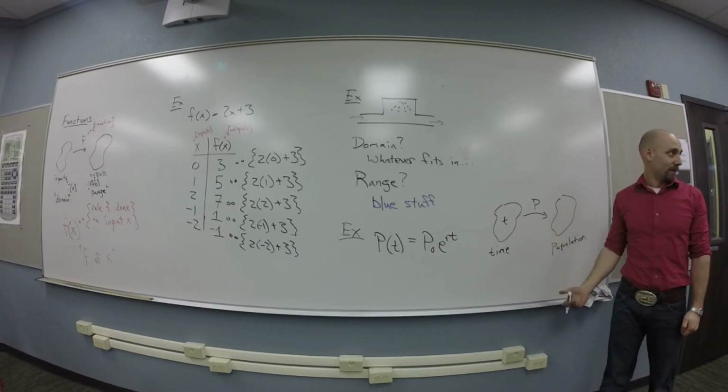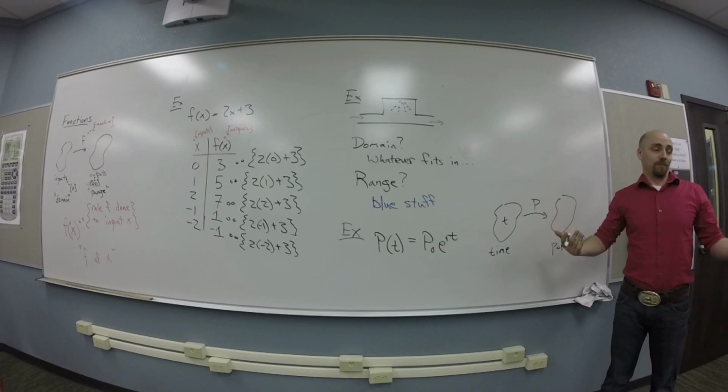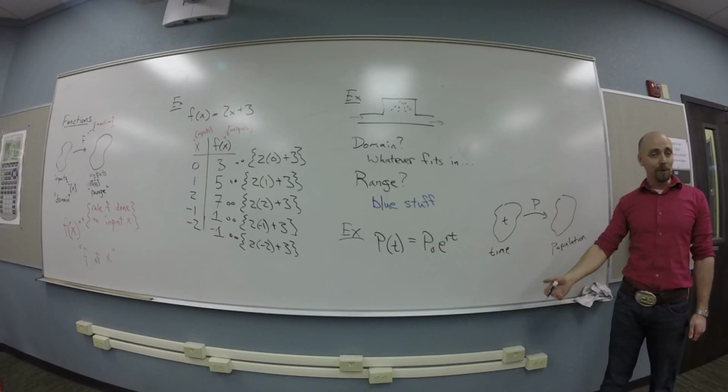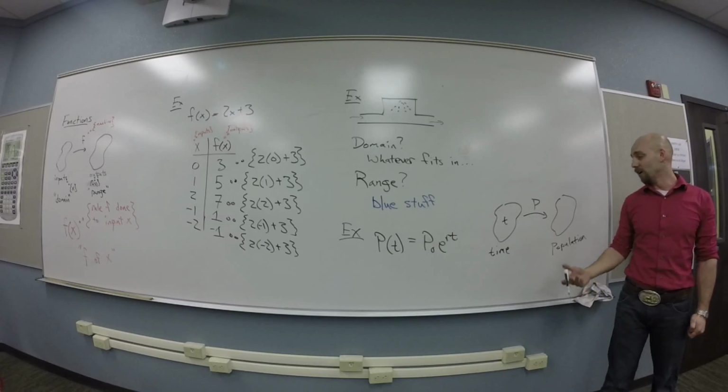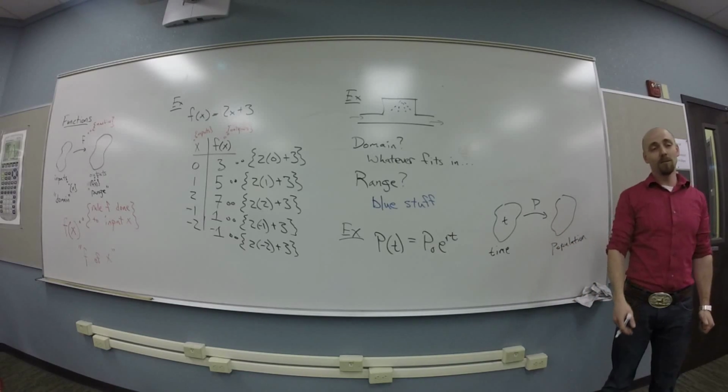What good would that be? Trying to watch stuff grow. Yeah, I can figure out how much food I'm going to have, or how many people there are going to be to eat it, or what the half-life of something is, how fast bacteria grows, how many bacteria there are going to be in my petri dish tomorrow.